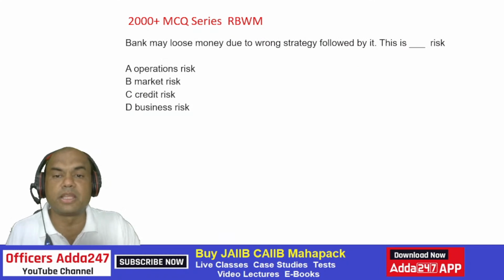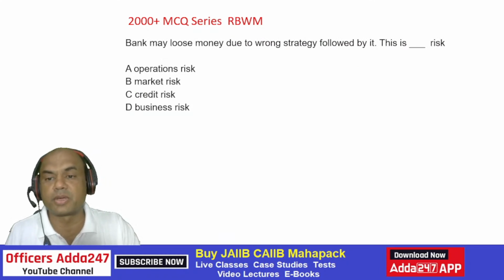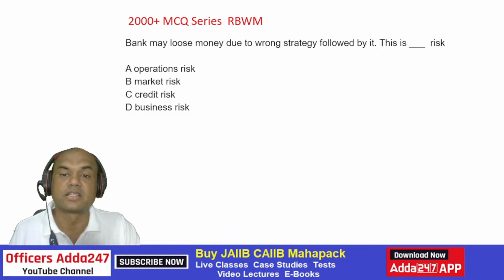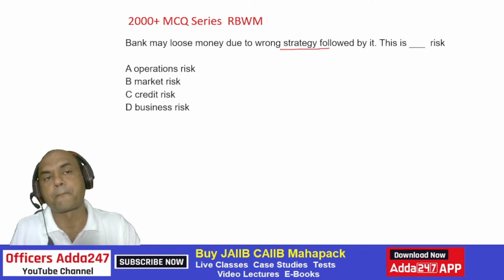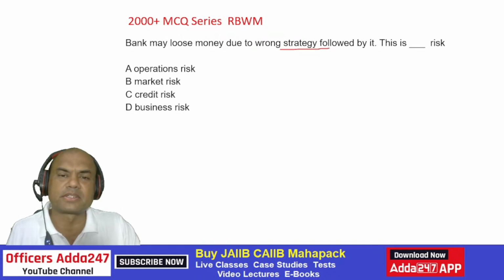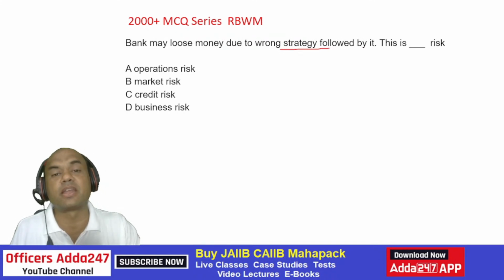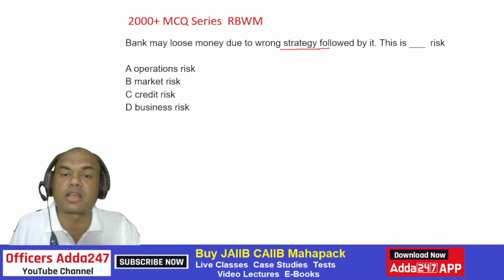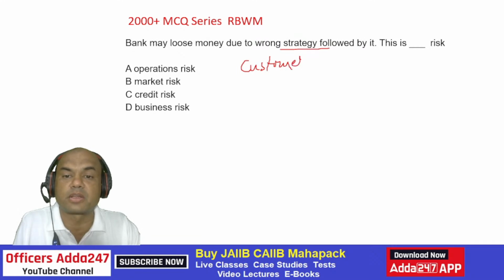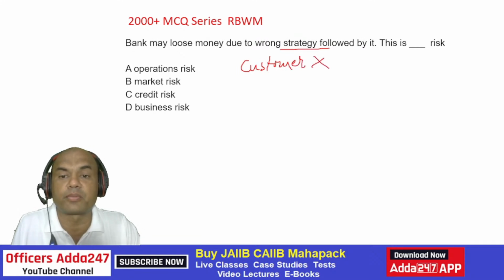Bank may lose money due to the wrong strategy followed by it. So this is known as dash risk. Now, wrong strategy means which strategy? Remember, it does not relate to the customer. It is not some default from the customer.